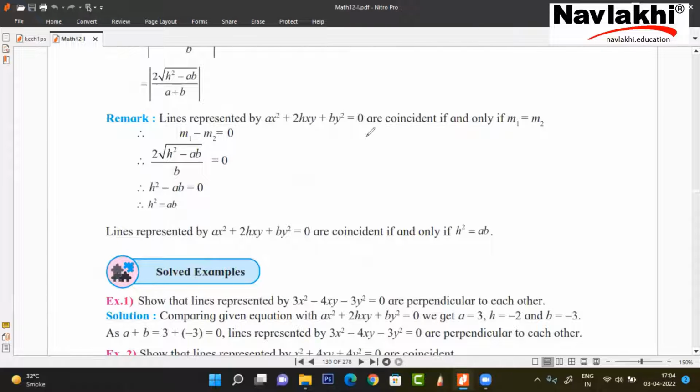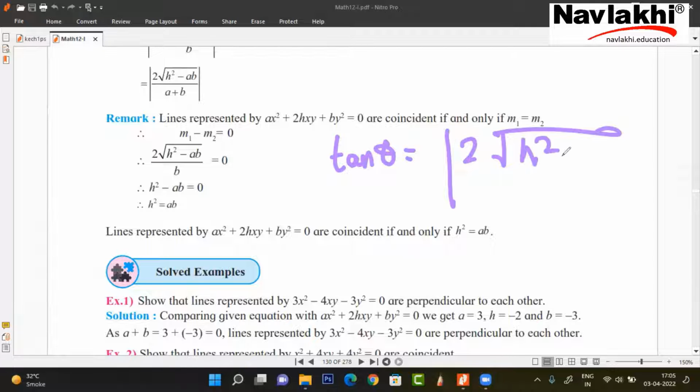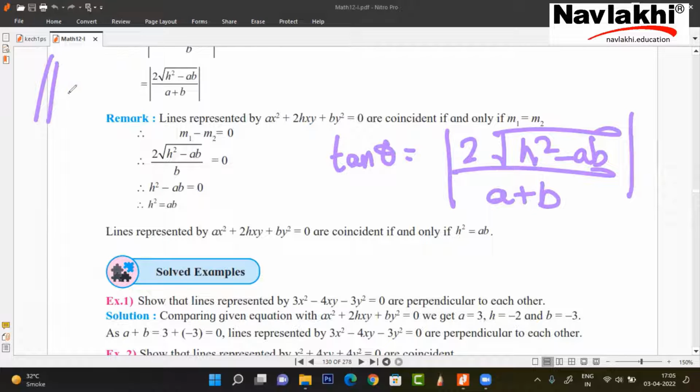Obviously, in the formula, if I tell you that both the lines are parallel, then the angle between them is 0 degrees. They are parallel to each other. Yeah, coincident, one above the other also, angle is 0 degrees.